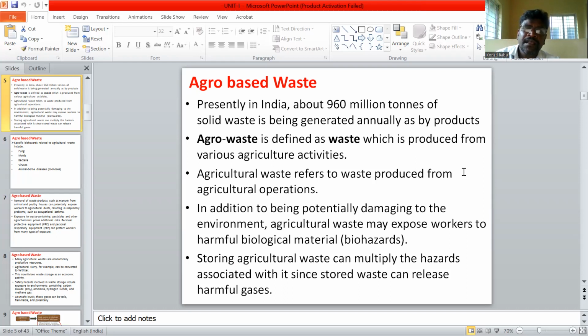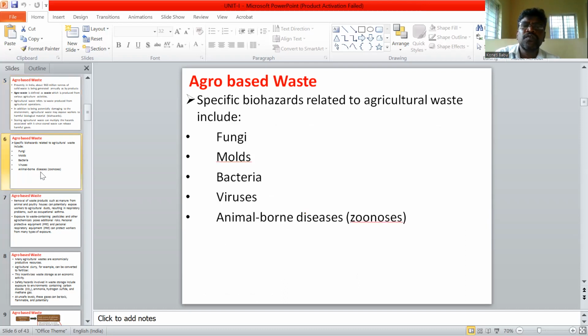So workers or people will be affected by these harmful gases. This agriculture waste includes fungus, molds, bacteria, viruses, and animal-borne diseases, that is zoonosis diseases.